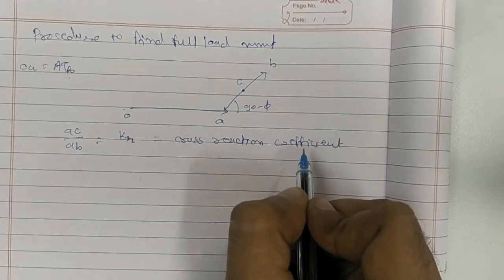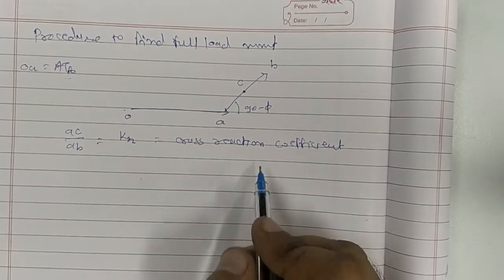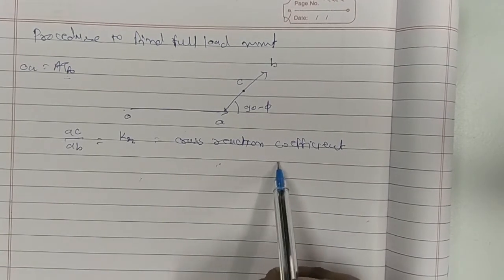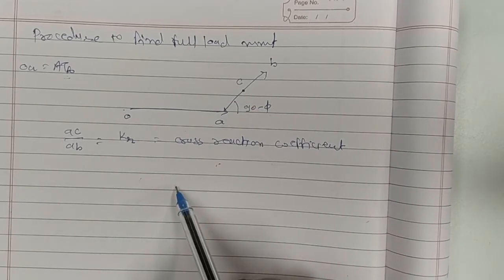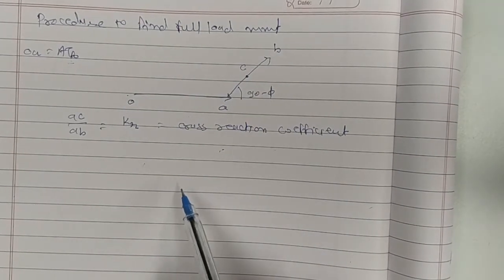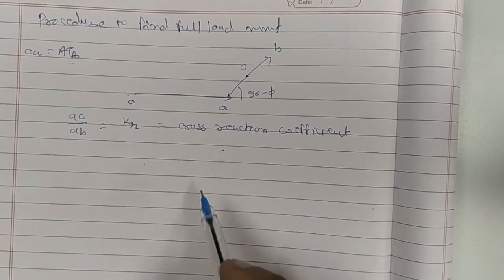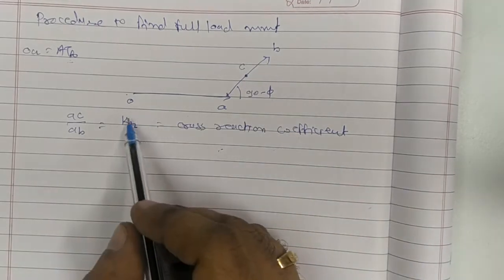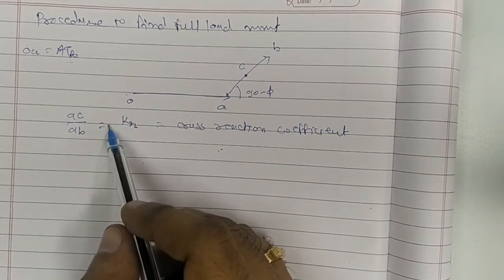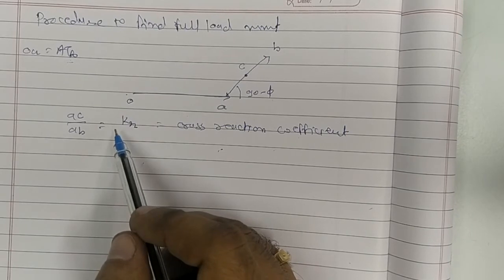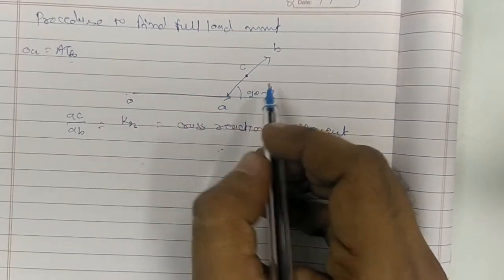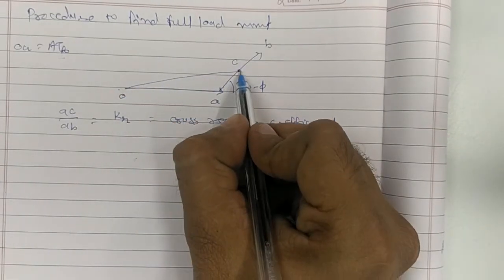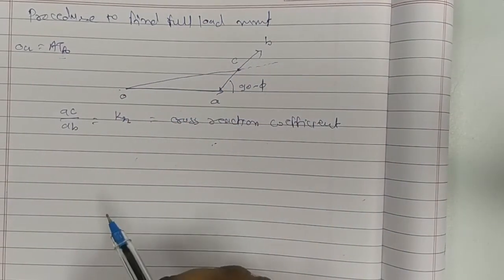It depends upon the ratio of pole arc to pole pitch, or simply it depends on the shape of your rotor pole, and mostly this will be given to you in an example, or while designing. So you have located some point C by this ratio. Now the next step is to join OC like this and extend it.